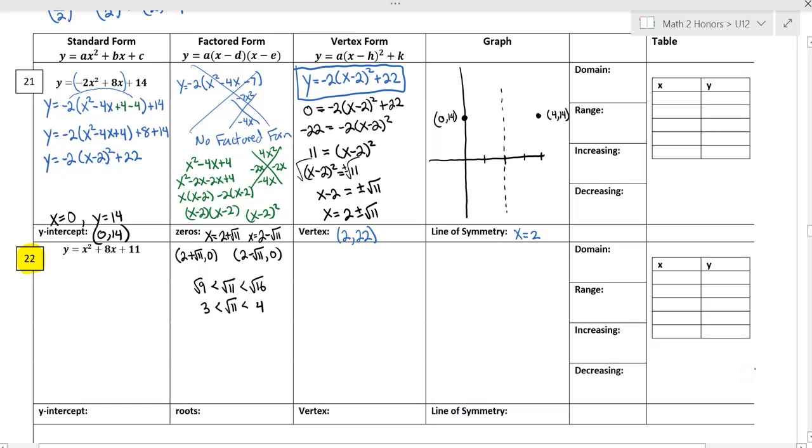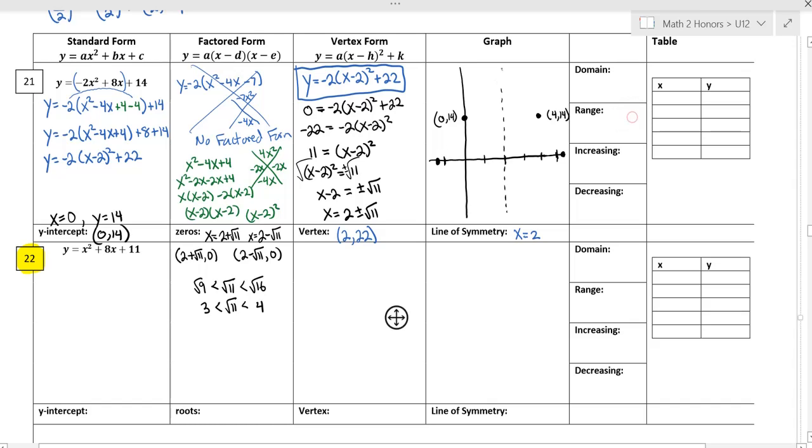So from 2, I'm going to go to the right square root of 11. So I'm going to start at 2, which is the center, and go a little more than 3. So 1, 2, 3, so about right there. And then from the center, I'm going to go to the left 3. So 1, 2, a little bit more than 3. It's about right there. So those are my two x-intercepts.